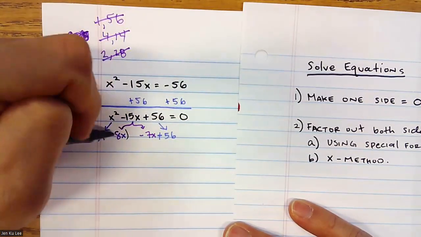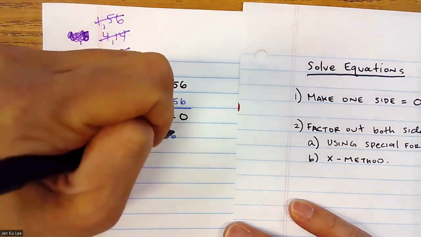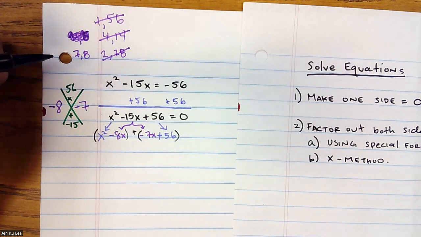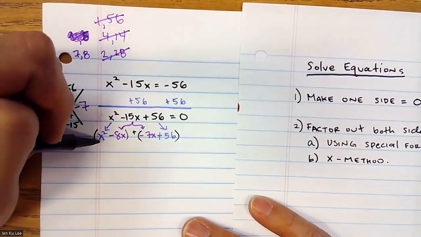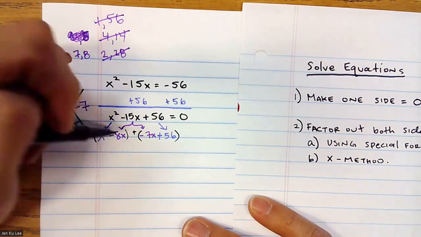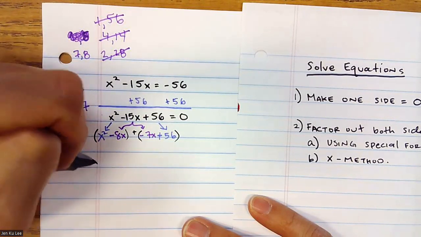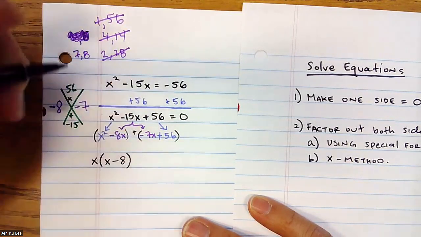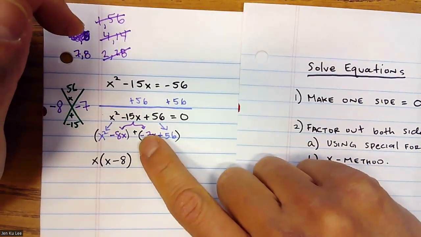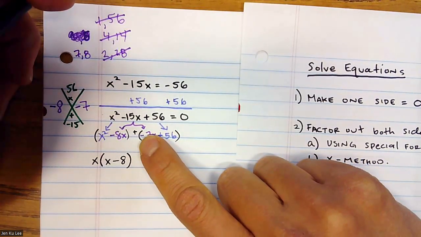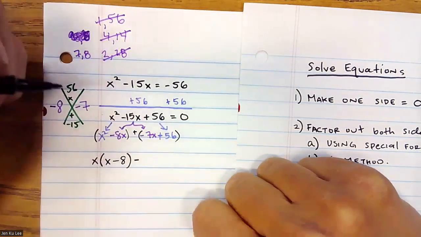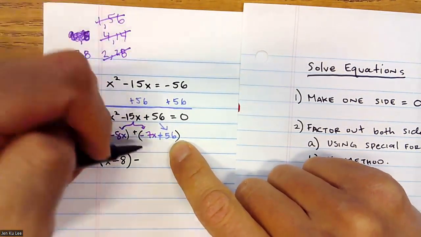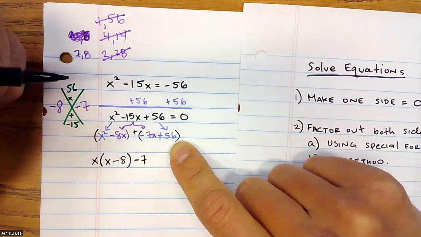And then we are going to put parentheses around the first two and the last two. What's in common between x squared and negative 8x? An x. So this is x minus 8. Whenever this guy is a negative, you're always pulling it out. So it's a negative 7x and a 56, 7.